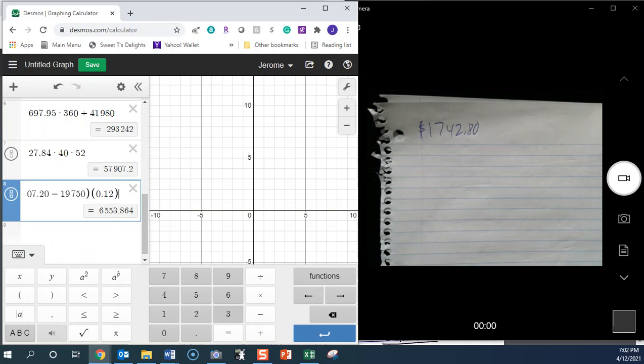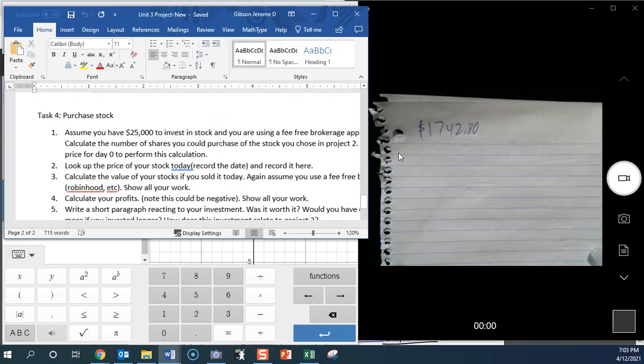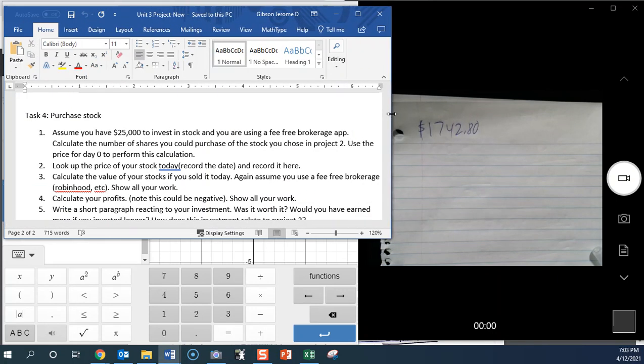Now remember one thing. Let's go back here. I may have to do a little side-by-side action with this. All right, here we go. It says assume you had $25,000.